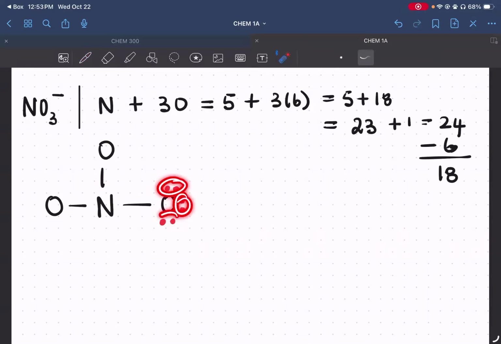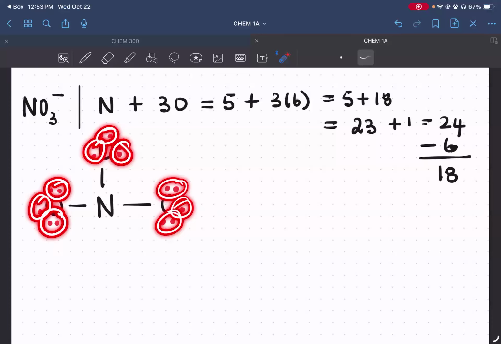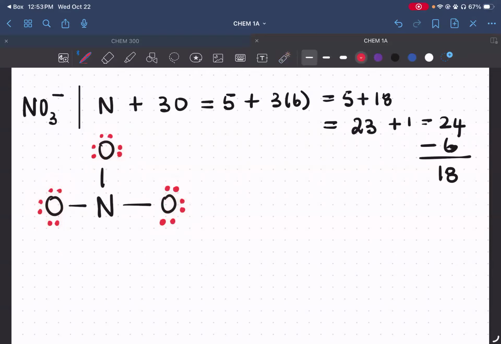By adding these 3 lone pairs, this oxygen now in total has 8 valence electrons. We can apply that exact logic to all of the oxygen atoms. 2, 4, 6, 8, 10, 12, 14, 16, 18. We have now explained the remaining 18 electrons.